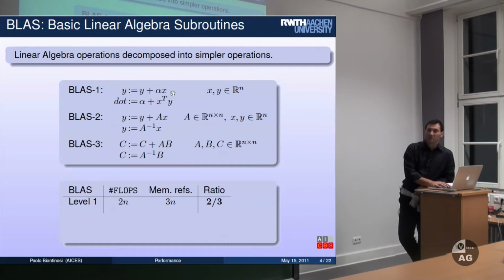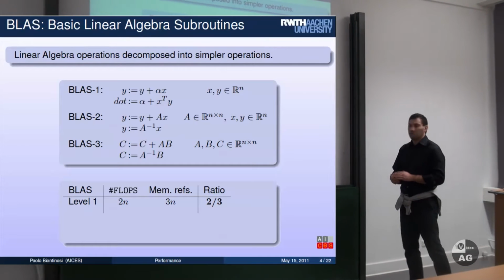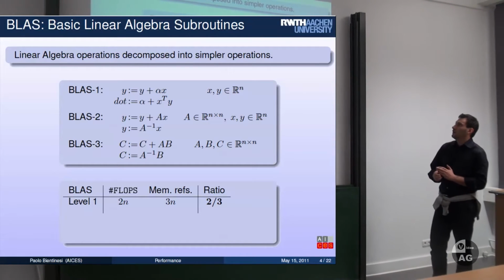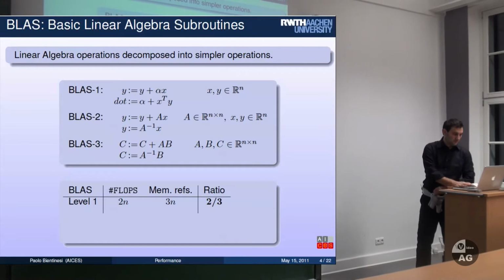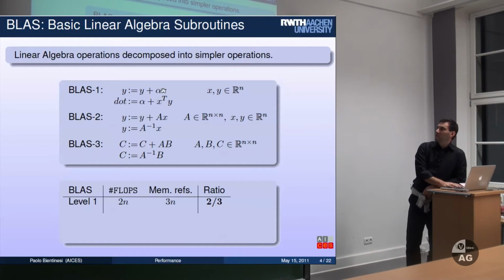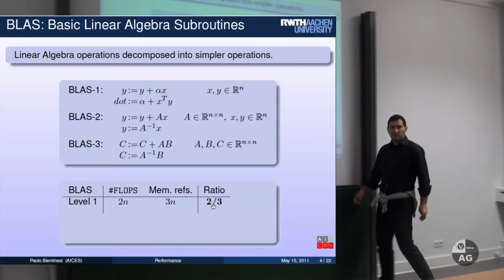How many flops? Flops, floating point arithmetic operations. How many flops am I performing in an AXPY? So alpha times x, I scale all the entries of a vector, so it's n operations, and then I add everything together, so 2n operations. If you put everything together, as a ratio, you have something less than 1.